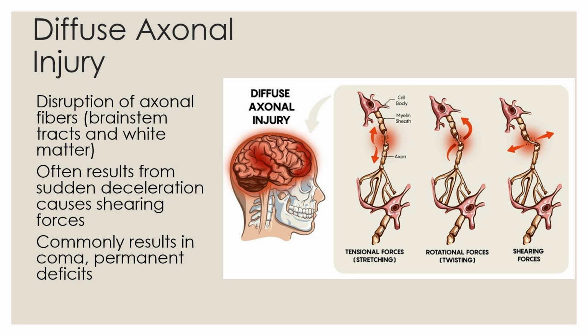So car wrecks, particularly, the car hitting something and stopping suddenly, results in shearing forces in the brain that injure axons in the white matter and can result in microhemorrhages within the brain as opposed to major bleeds, hematomas.